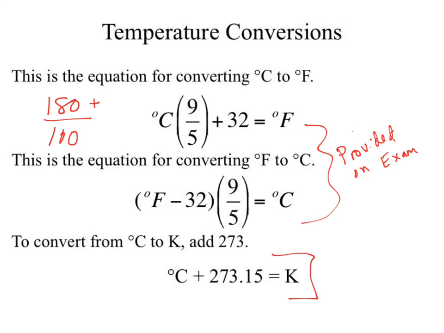What's 180 plus 32? 212. What was the boiling point for water? 212. So if you wanted to, you can derive this relationship, entirely up to you. What I expect you to be able to do is use these to do your conversions between Celsius and Fahrenheit.